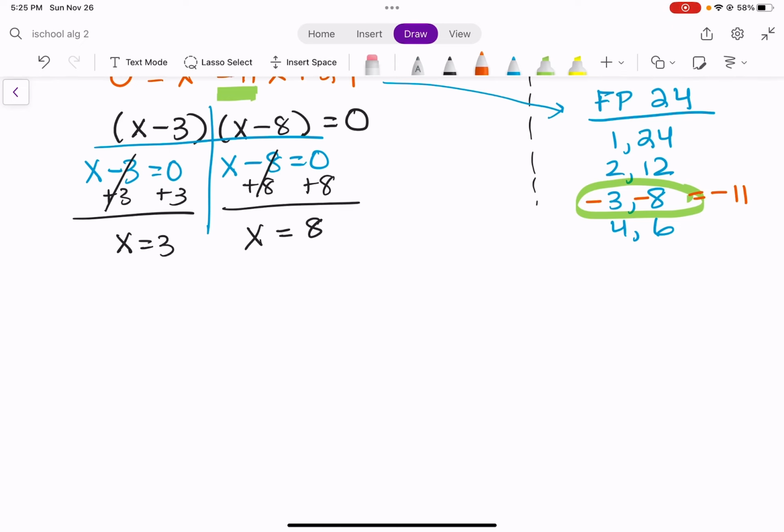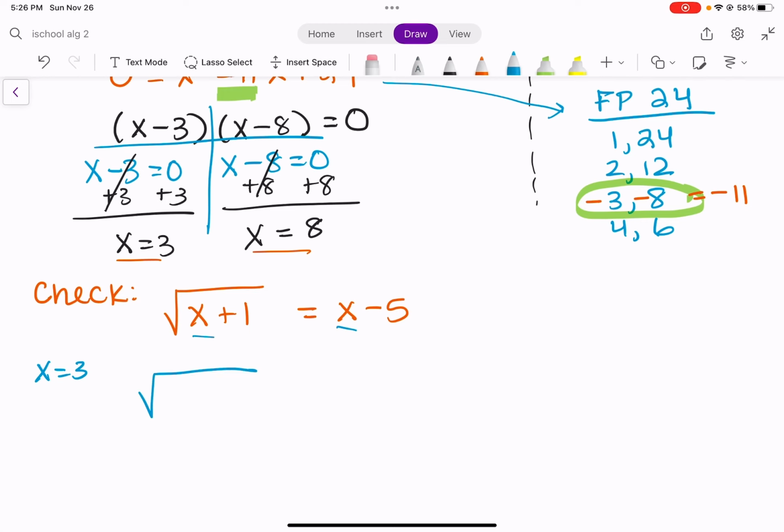Okay, so now, as you notice, I have two potential solutions. But what I have to do is a check. And for the check, we're going to plug these answers back into the original equation. So the original equation was square root of x plus 1 equals x minus 5. So let's first check x equals 3. So anytime I see an x, I'm going to plug in a 3. So I have square root of 3 plus 1 equals 3 minus 5.